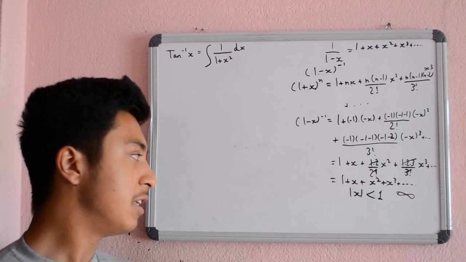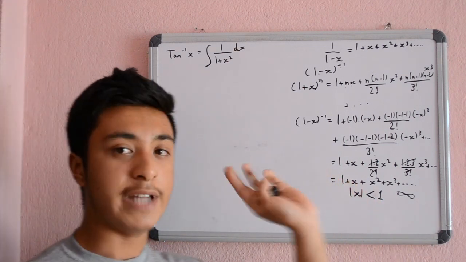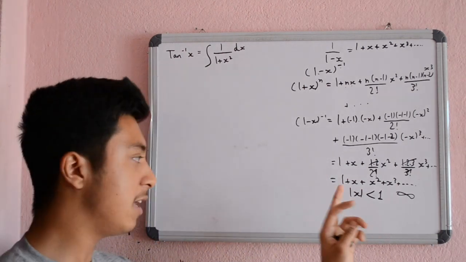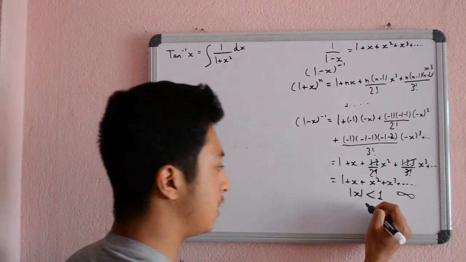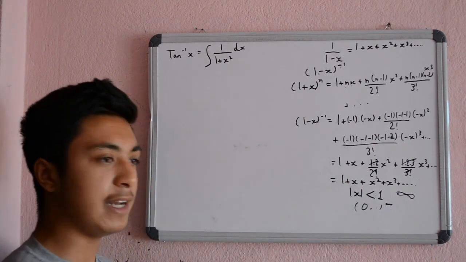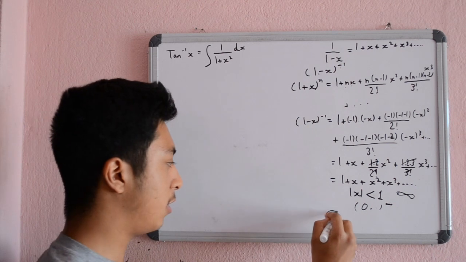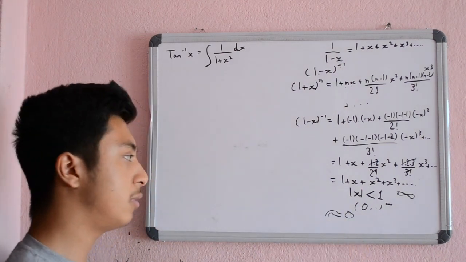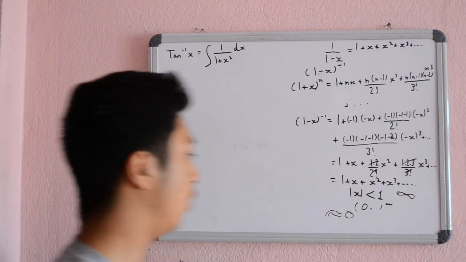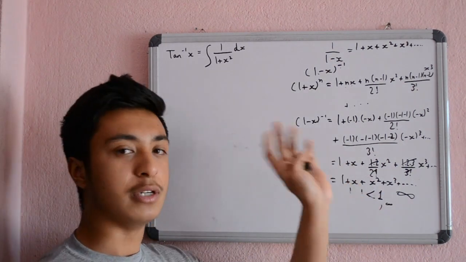So simply, if the modulus of x is greater than 1, it will diverge. But if it is less than 1, you'll get 0 point some number to the power of something, and eventually that number will be approximately 0, and the next numbers after that will also be 0. Simply, if it is less than 1, it will converge.